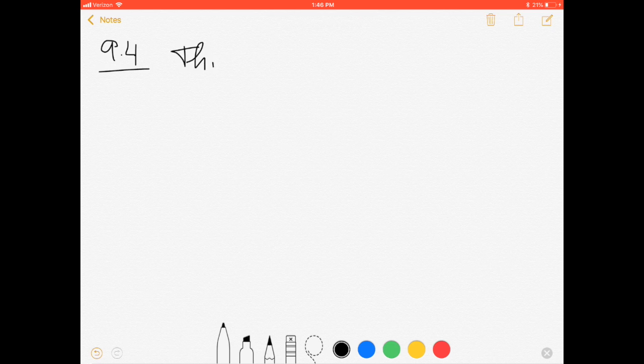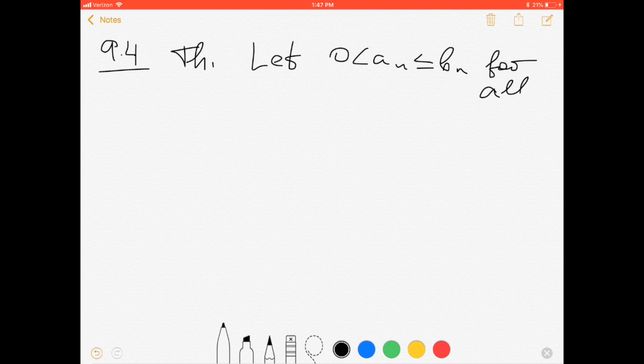The theorem tells us: let's say we have two series with positive terms, and the term of the first series is less than or equal to the term of the second series for all n.